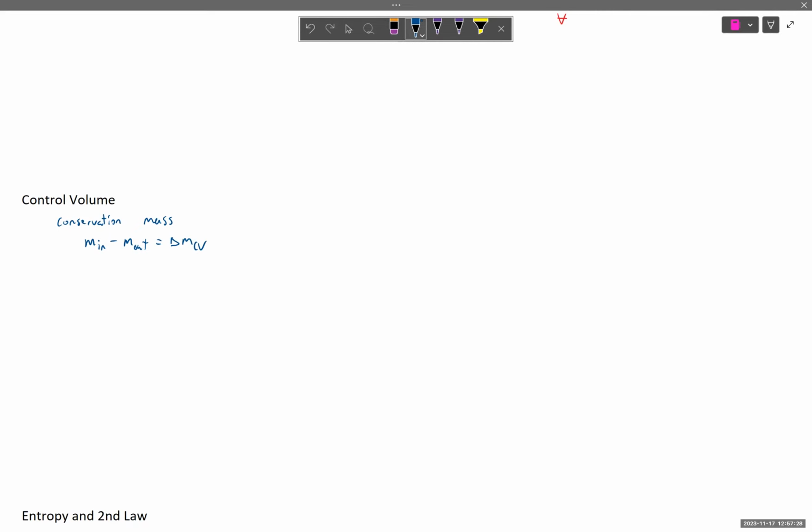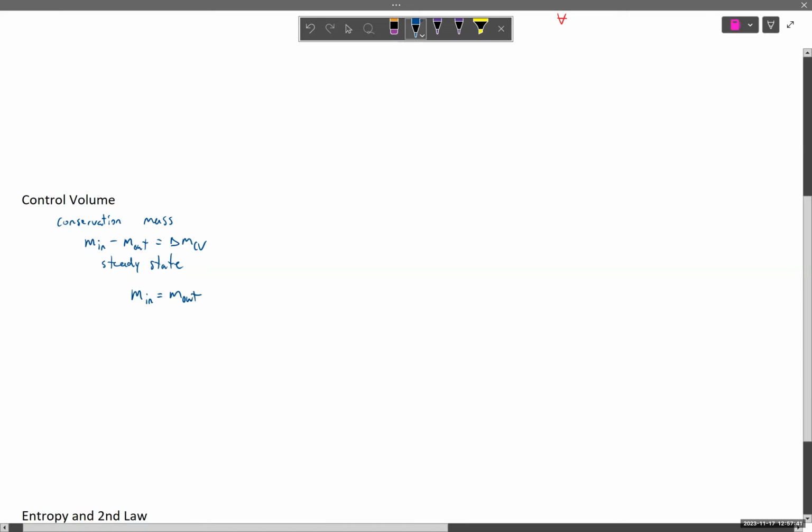For steady state, we made the assumption that mass in is mass out. And that could be mass, just like that, could be m dot. So rate, mass flow rate.